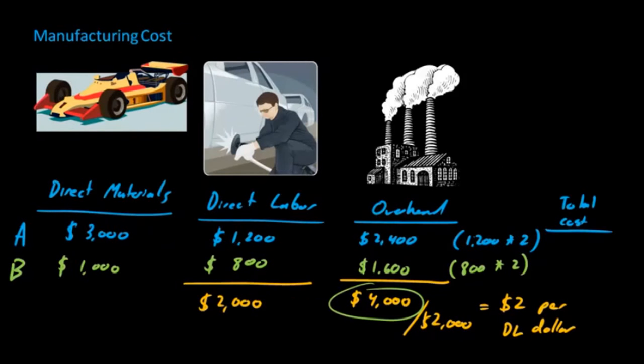And so our total cost for car A, for the total production cost, would be 3000 of direct materials, 1200 of direct labor, and 2400 of overhead.